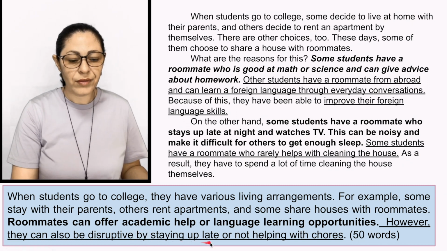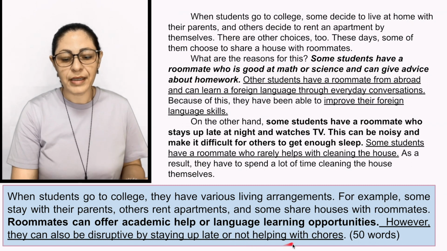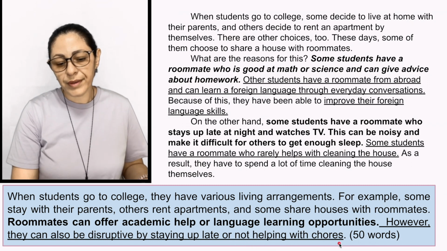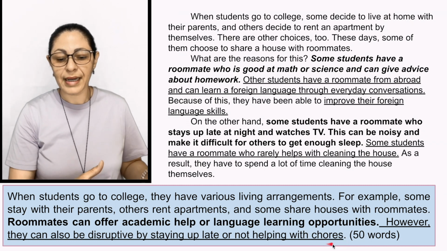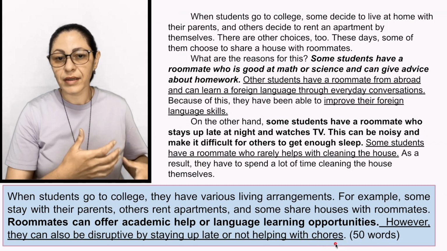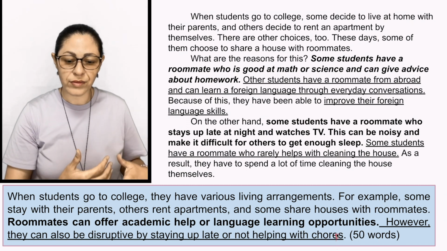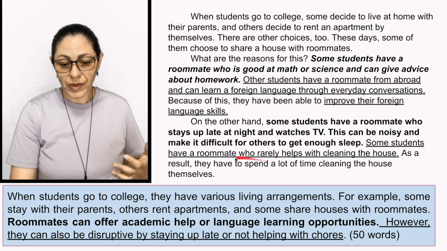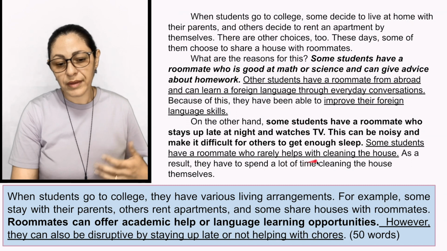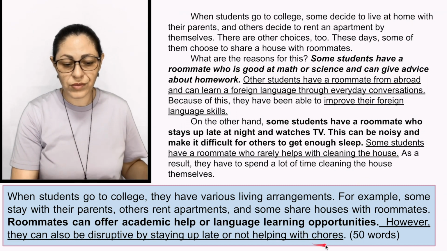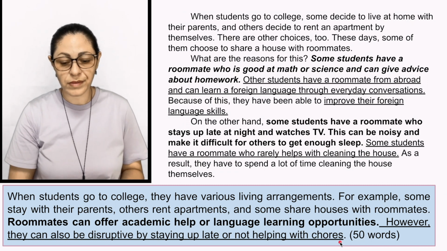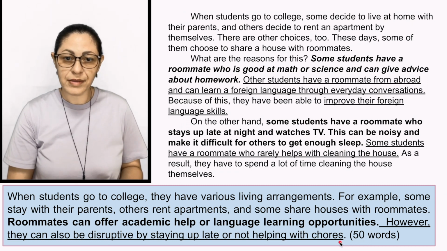I mentioned how, by staying up late or not helping with the chores. Chores means activities that involve cleaning the house, mainly cleaning the house. And it says that your roommate might not help cleaning the house. That's why I used helping with chores. So you see how I replaced the words.